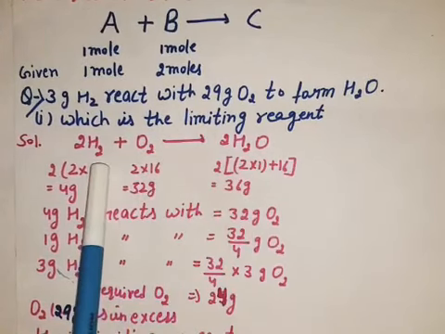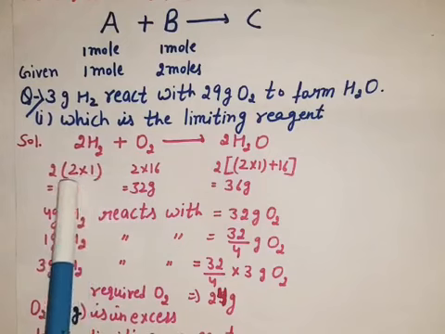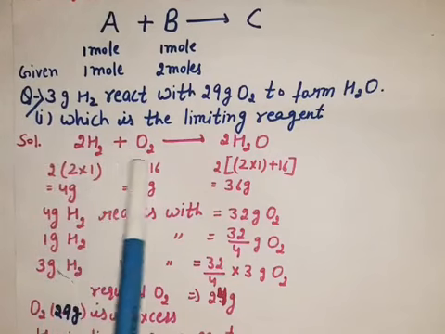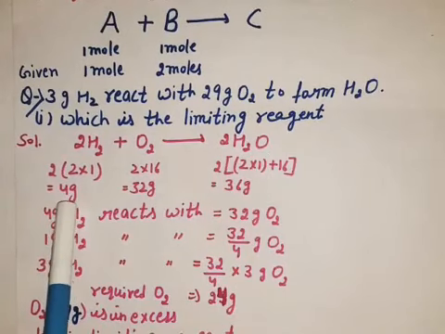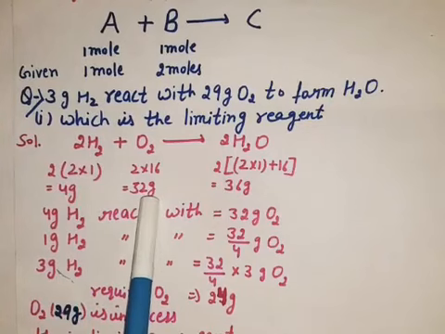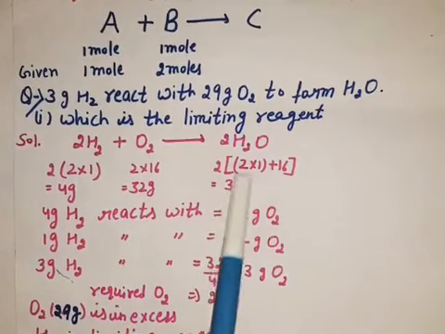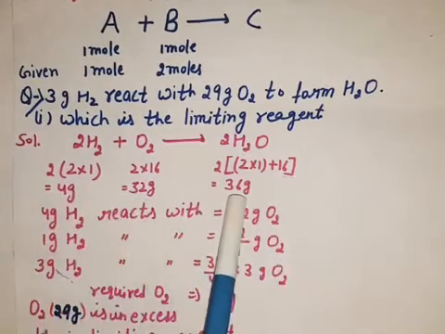Here you will calculate the molecular mass of hydrogen, that is 2 into 1 multiplied with 2, 4 gram. According to the chemical equation, we have to write their amount. So 4 gram of hydrogen reacts with 32 gram of oxygen and it gives 36 gram of water. This amount is according to the chemical equation.